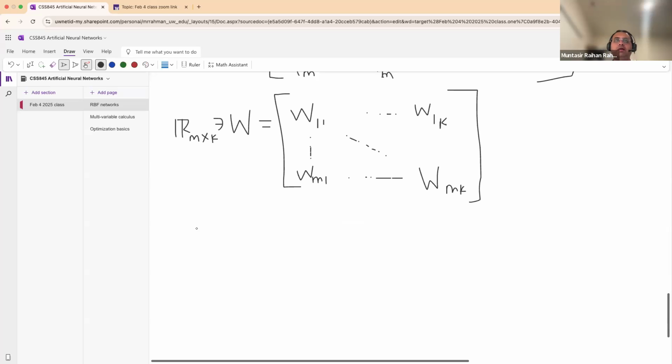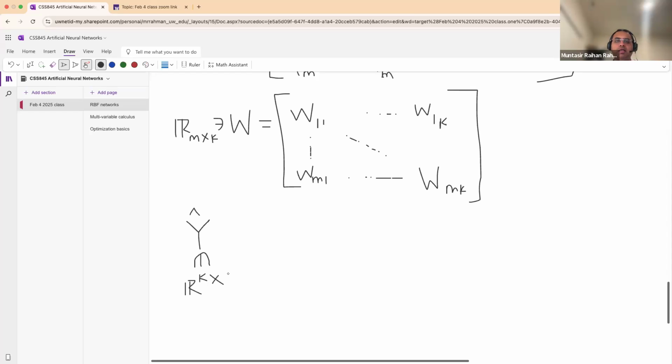Now I'm also going to have a matrix for the output. I'm going to call this Y hat, and it lives in the space R, K by N. K is the number of output components, and we have n input vectors, so we're going to have one such vector of outputs for every input.